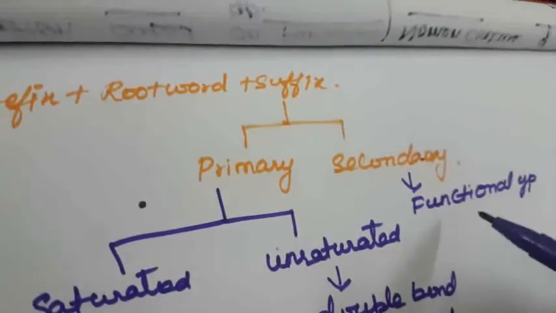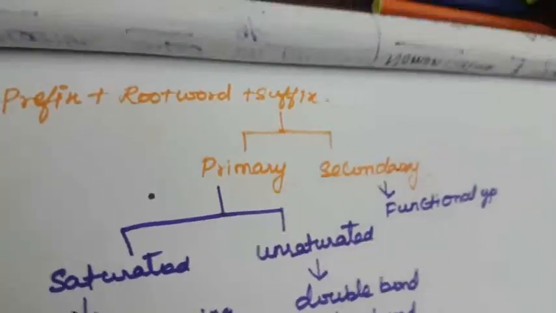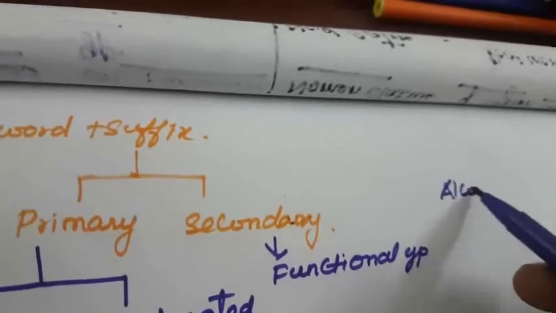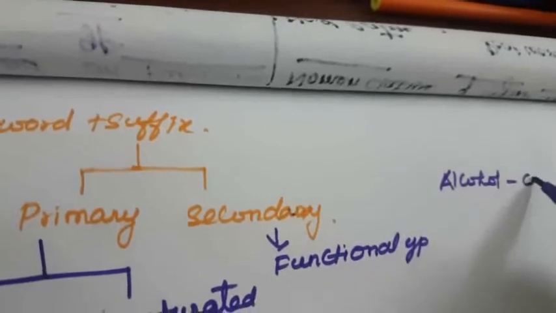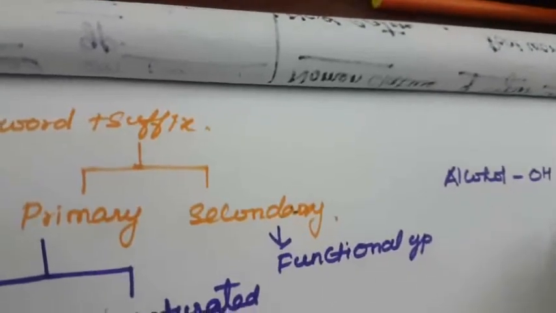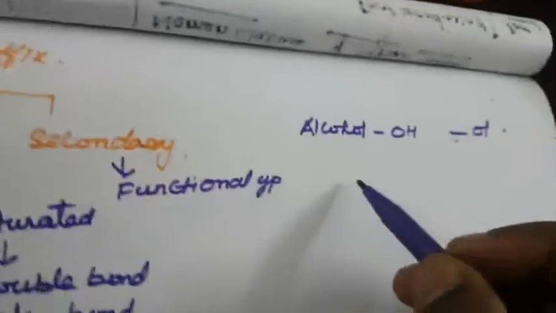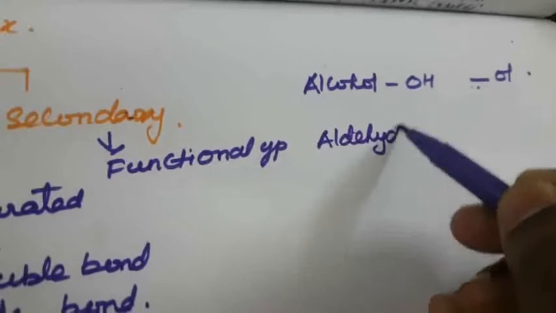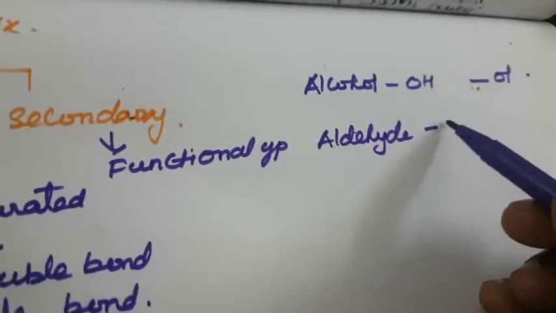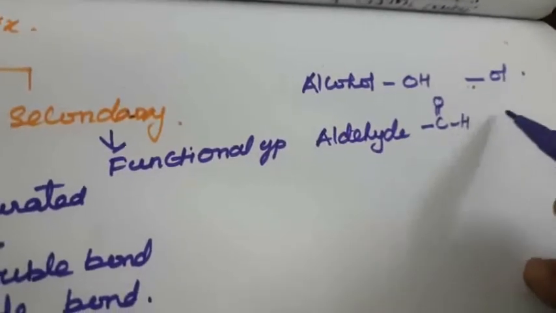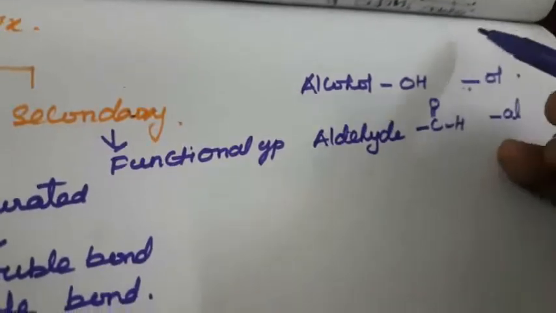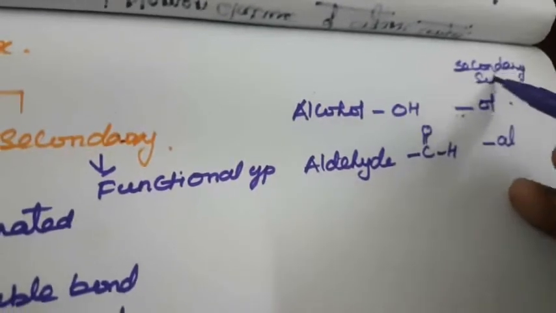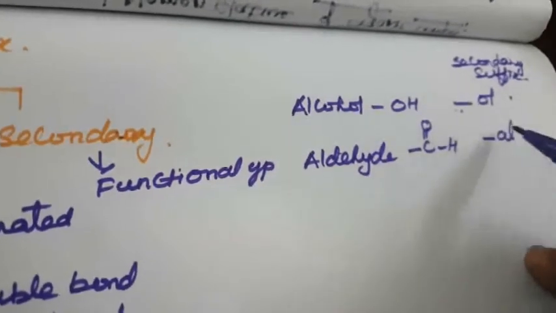So how do we name each functional group? First, the alcohol functional group, OH. The suffix is -ol. Similarly, aldehyde, the functional group is CHO, C double bond O, H. The suffix is -al. That is the secondary suffix.